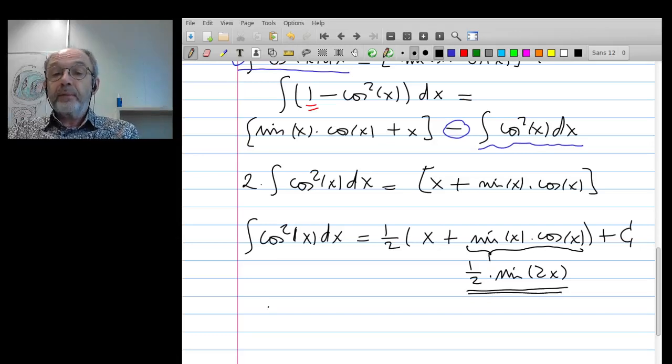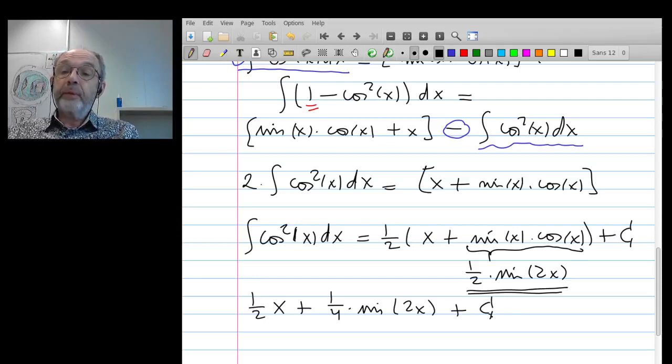And so if you go further on, you have 1 over 2 times x, and then plus 1 over 4 times the sine of 2x plus some constant. Now, in this way we have also calculated the primitive function of the cosine squared, but then with partial integration.